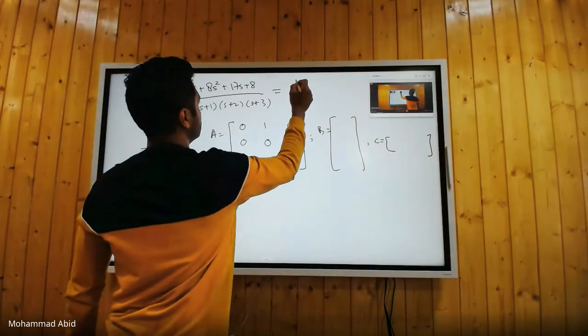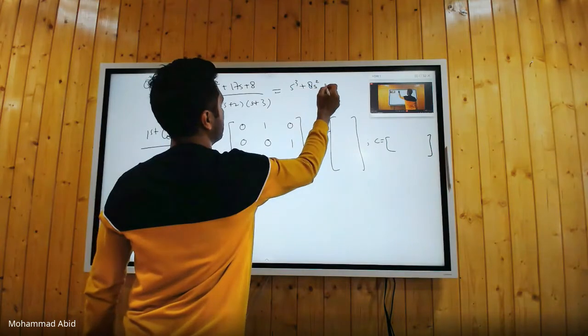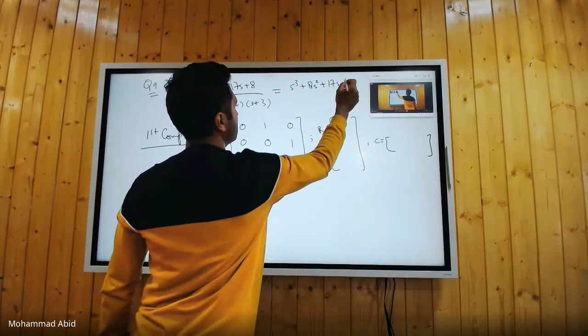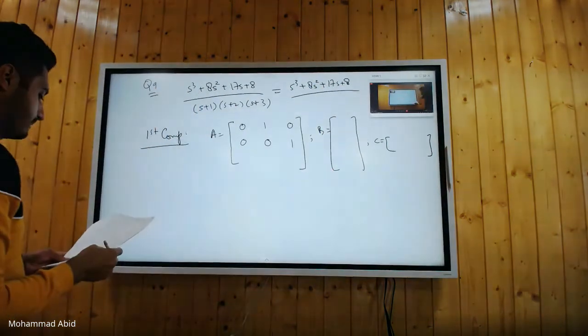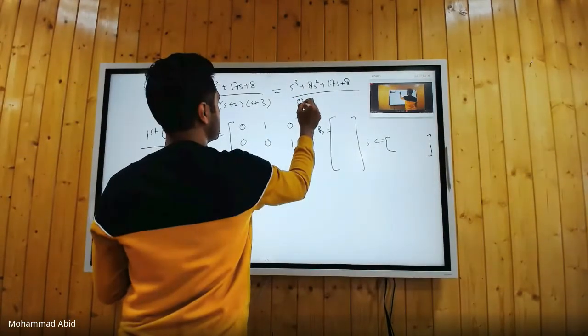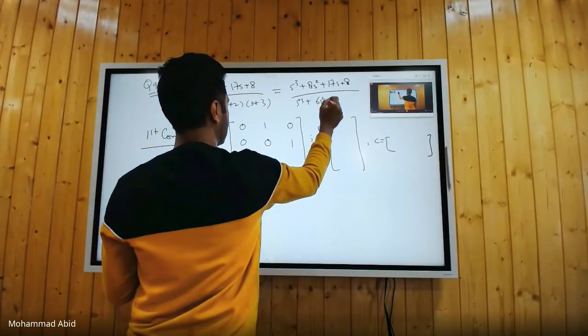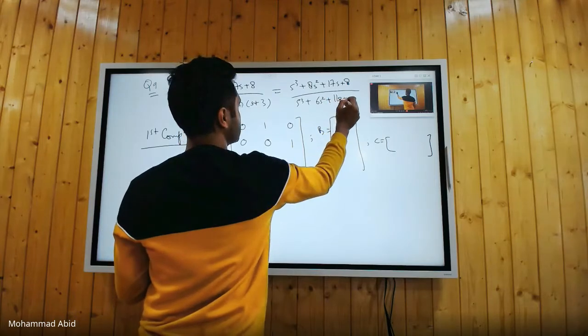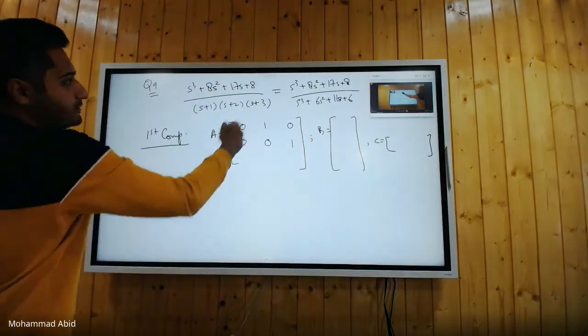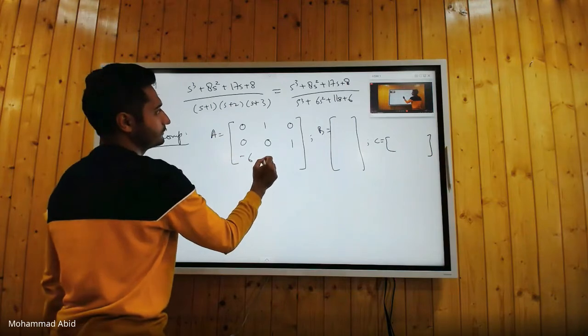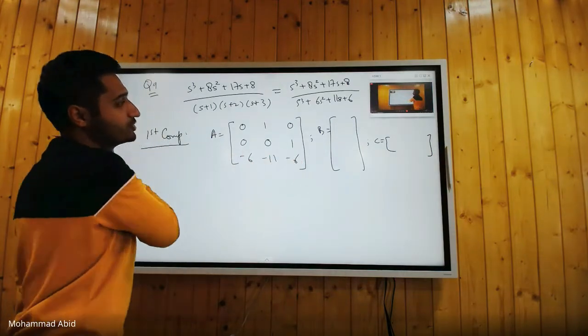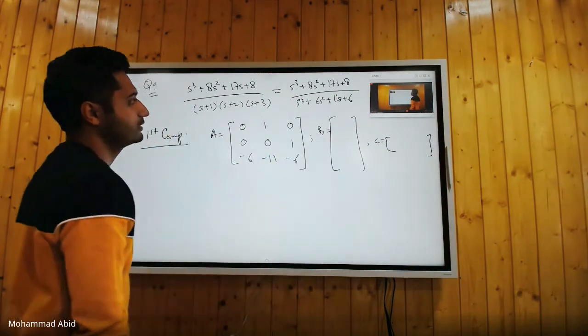First of all, s cube plus 8s square plus 17s plus 8. Just multiply out the denominator. This becomes s cube plus 6s square plus 11s plus 6. Just the coefficients in reverse order. Coefficients of the denominator polynomial written in reverse order. What's B?